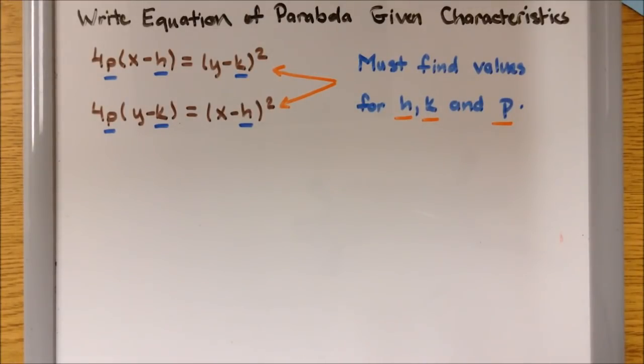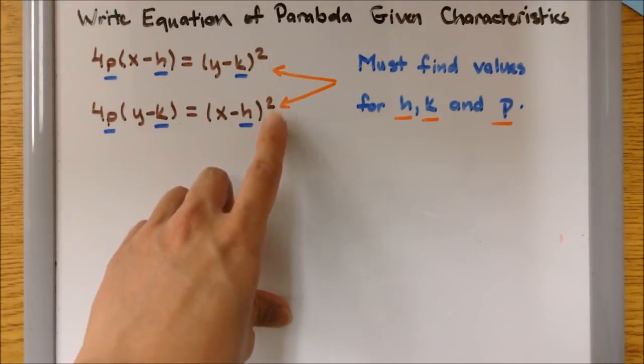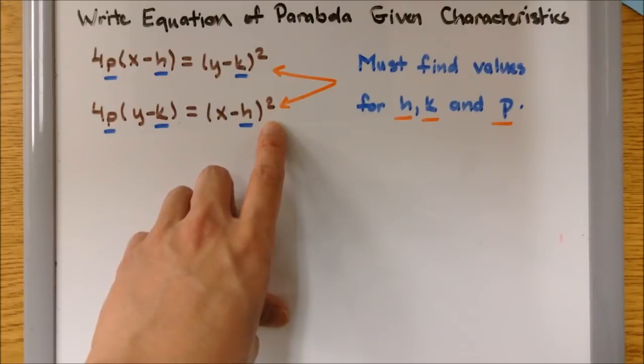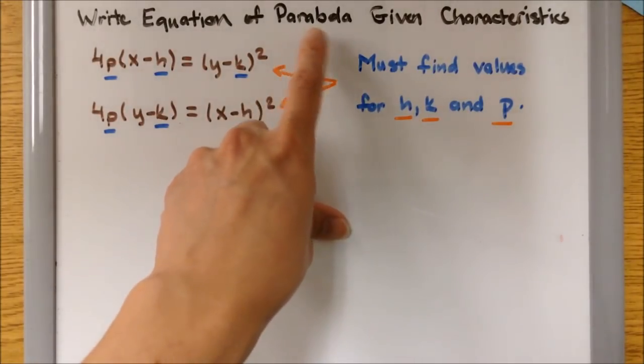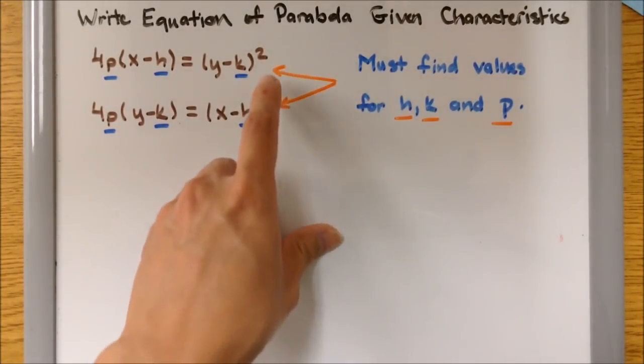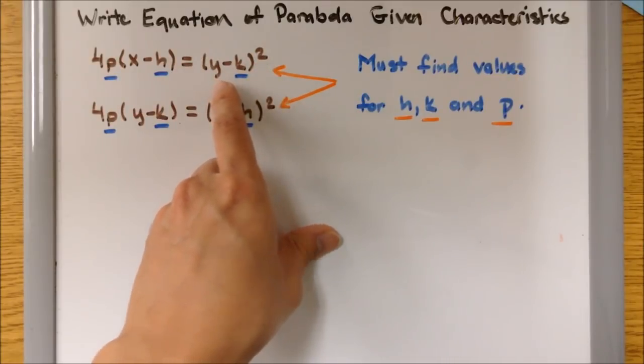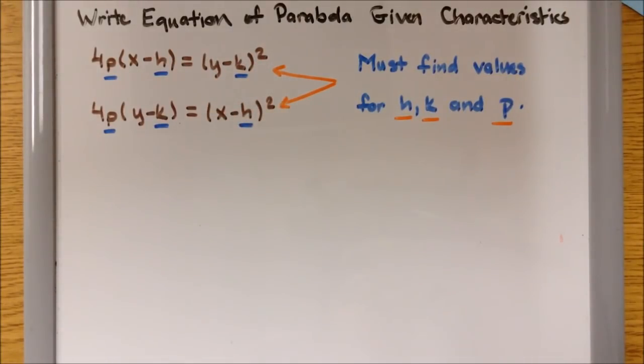So the easiest and most effective way to tell the difference between the two is I always look at the square first, and this only pertains to parabolas. I notice that the square is on the y, so I'm going to use the formulas assigned with vertex, focus, axis of symmetry, and directrix.